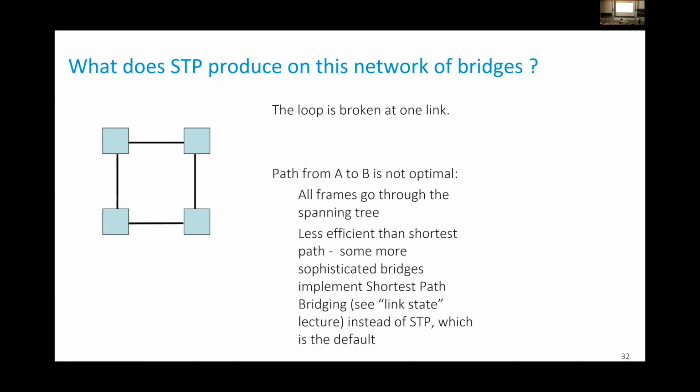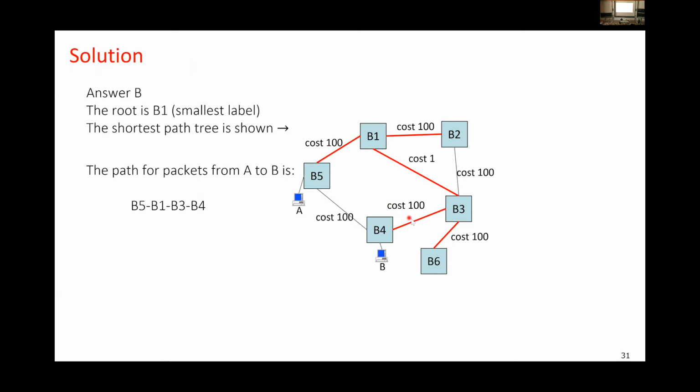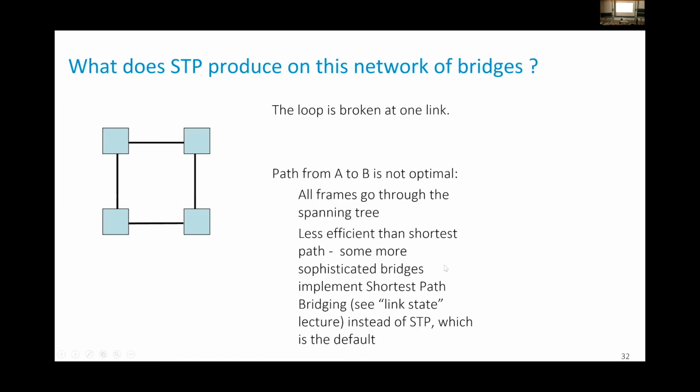So that is a very, very frequent topology, more frequent than this one, for example. It has some redundancy, but not for all. So the ring and rings of rings are, I would say, the vast majority of topologies in networks that are being deployed. Now, what will the spanning tree produce if this is a ring of 4 bridges?